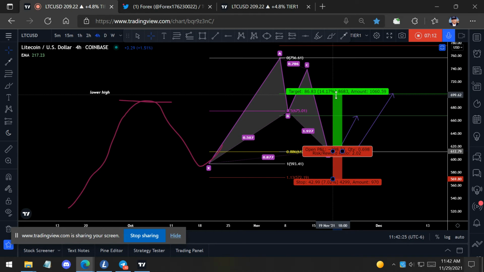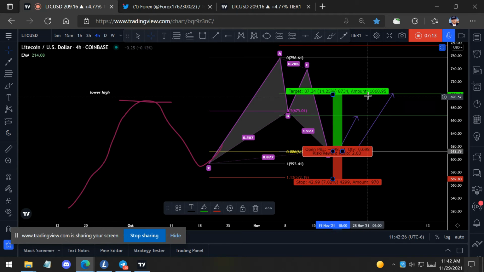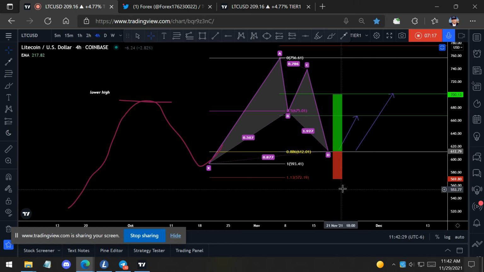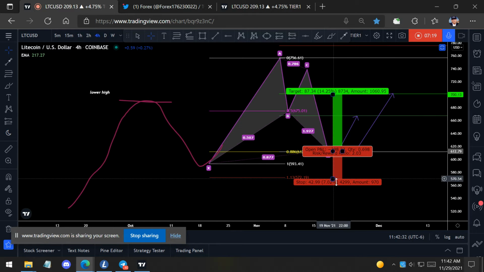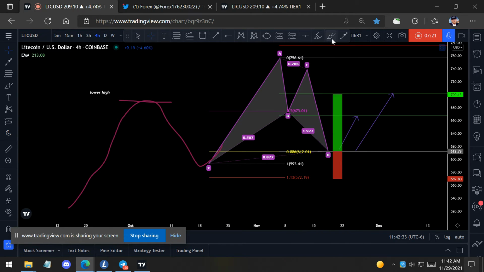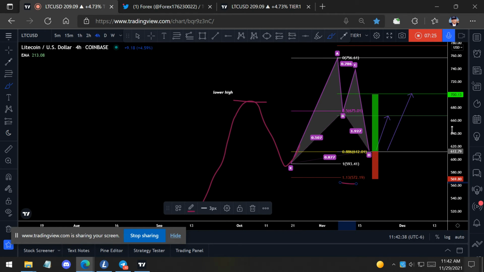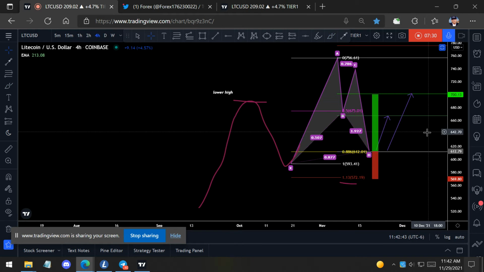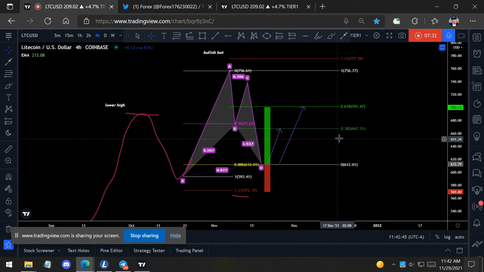Take profit 2 is going to be the 61.8, and that'll give us a 2. Allow us to get stops below the 113 down here. We can shoot for something like that.